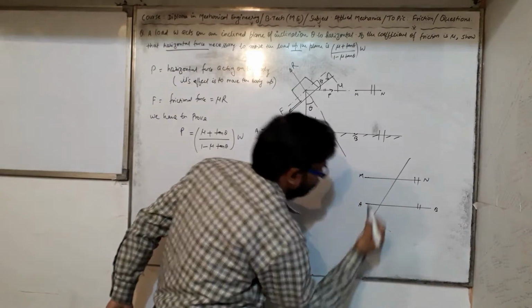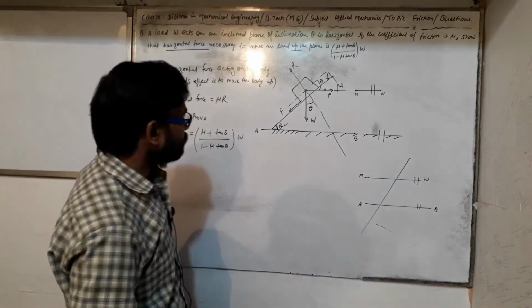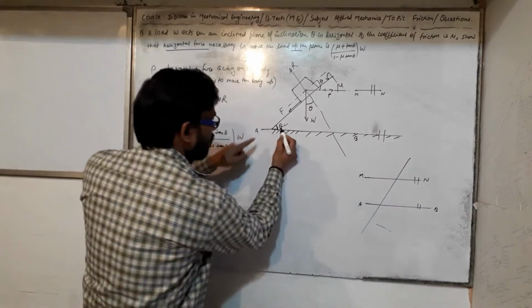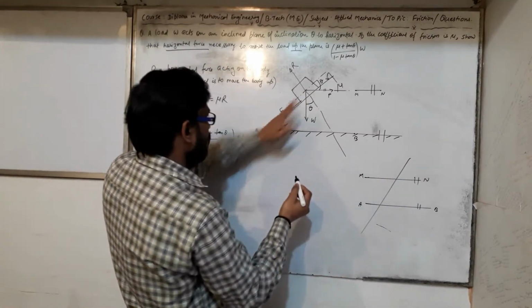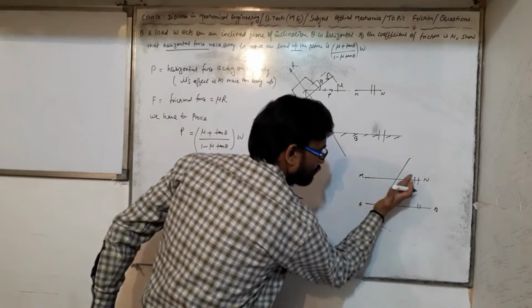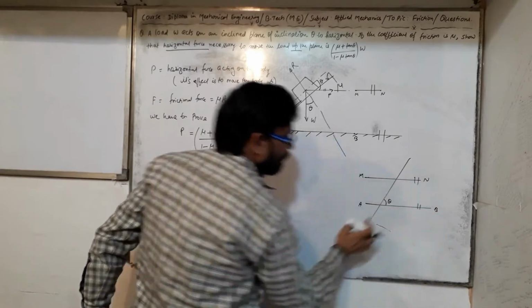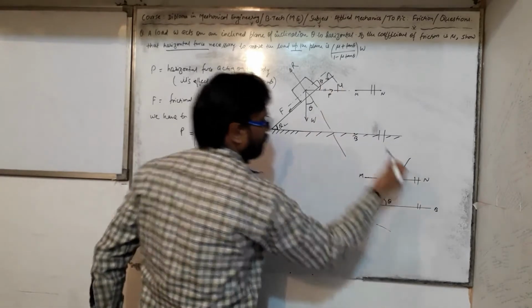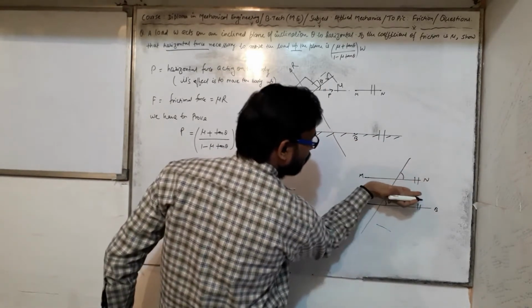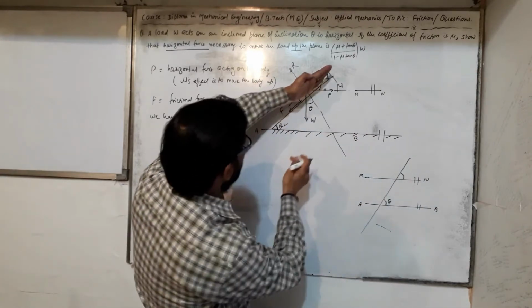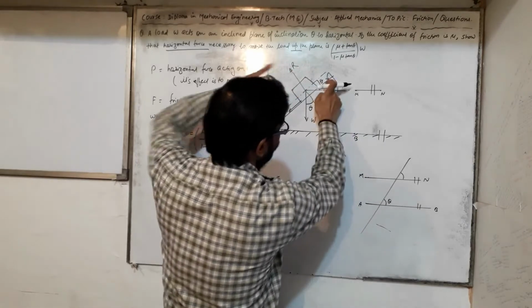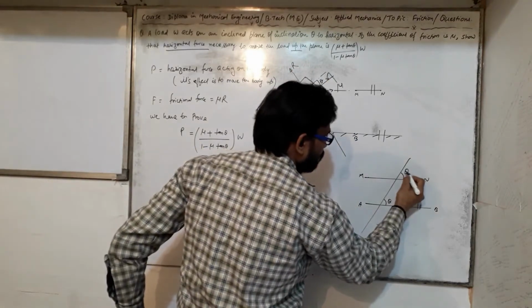The angle theta made by the inclined plane with AB, and the angle made by the inclined plane with MN, must be the same.